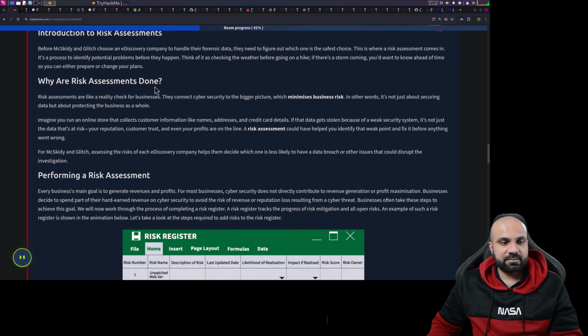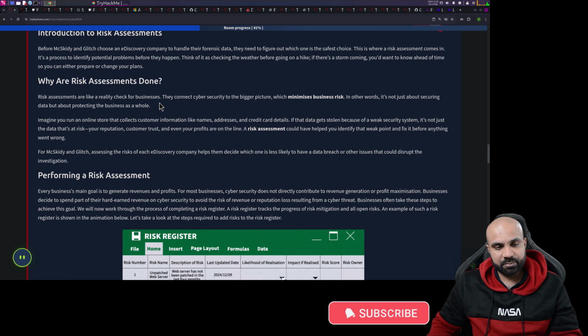Why are risk assessments done? Risk assessments are like a reality check for businesses. They connect cybersecurity to the bigger picture, which minimizes the business risk. In other words, it's not just about securing data, but about protecting the business as a whole. Imagine you run an online store that collects customer information like names, addresses, and credit card details.